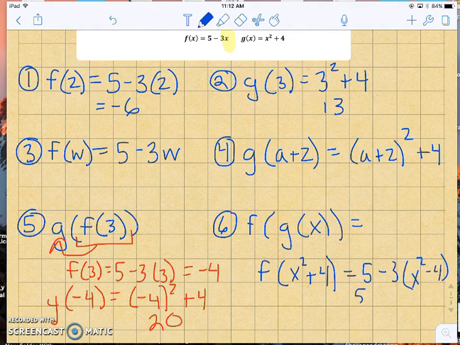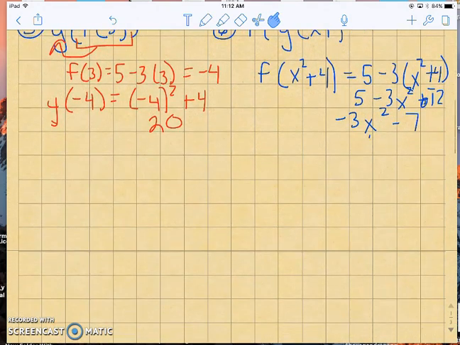And if we distribute, 5 minus 3x squared plus 12. So we have negative 3x squared plus 17. Oops, this was plus 4. So this should be minus 4. I knew something was wrong there, so let's take a look at that again. So x squared, this was plus, so minus 12. 5 minus 7, so we have negative 3x squared minus 7. Got a little ahead of myself there.